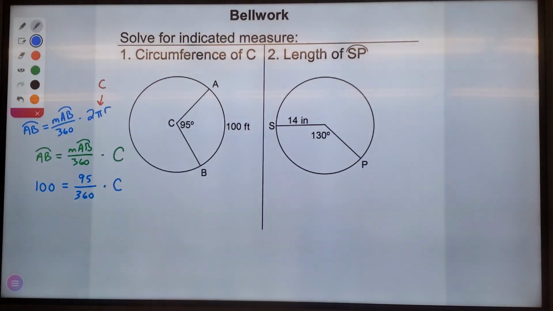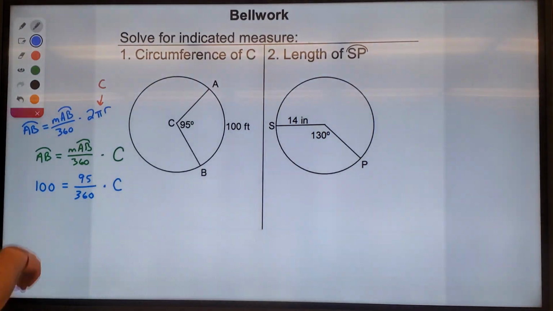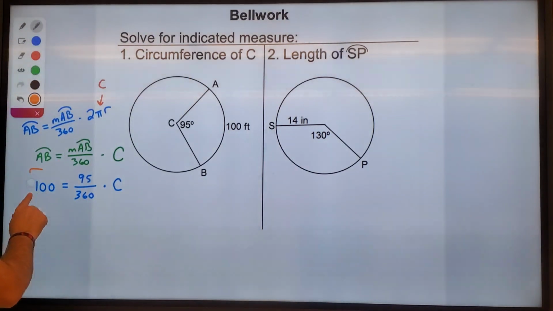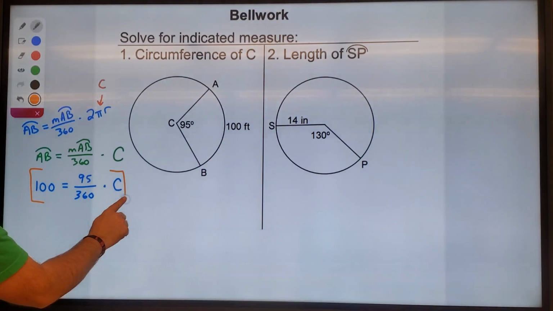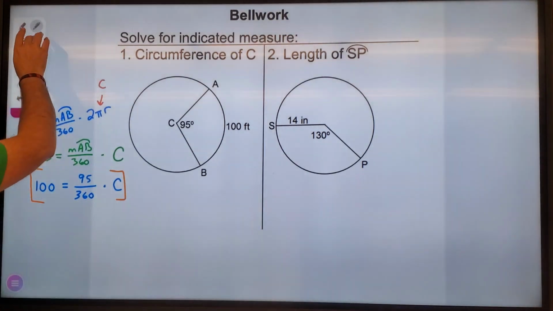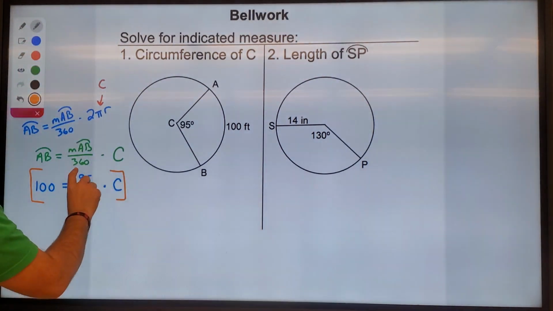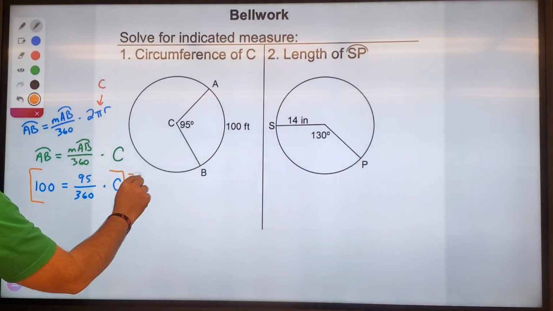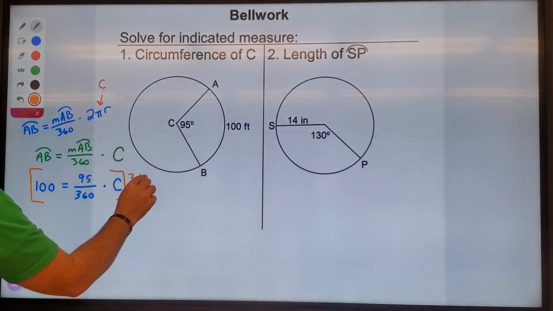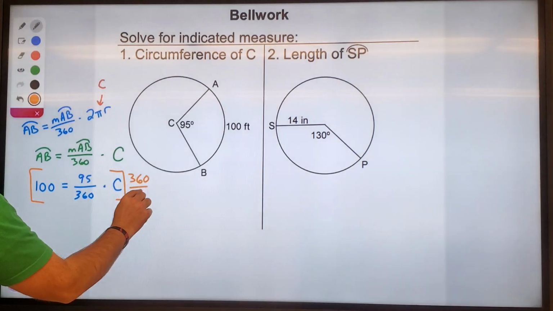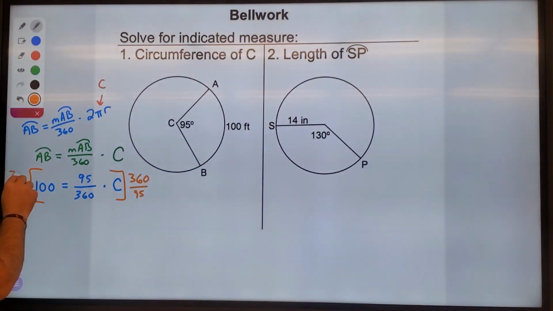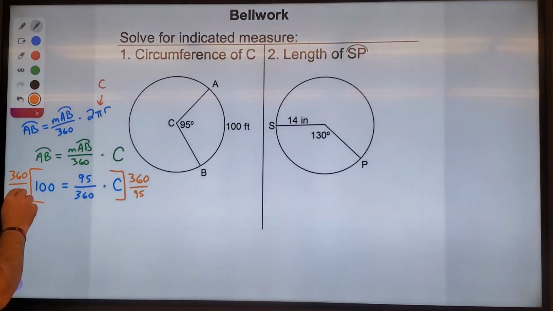Okay. Let's multiply both sides by the reciprocal. If I multiply both sides by the reciprocal, again, I'm going to multiply by this flip, so I get 360 over 95, 360 over 95.